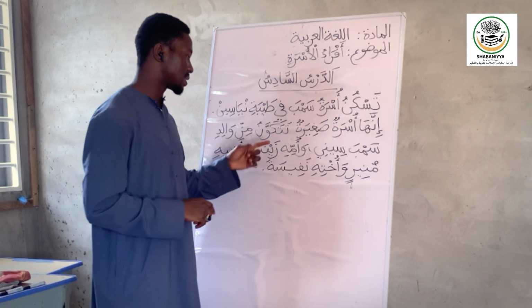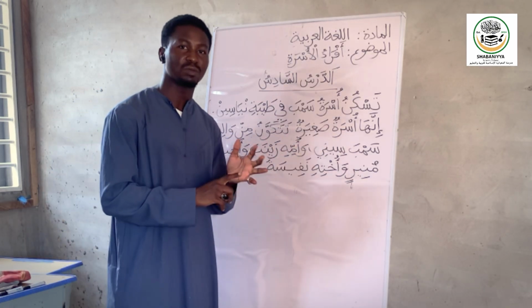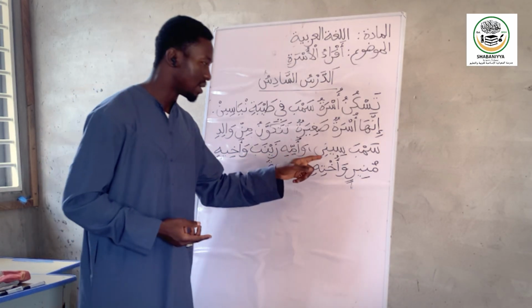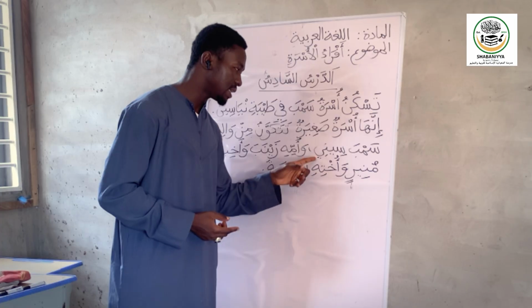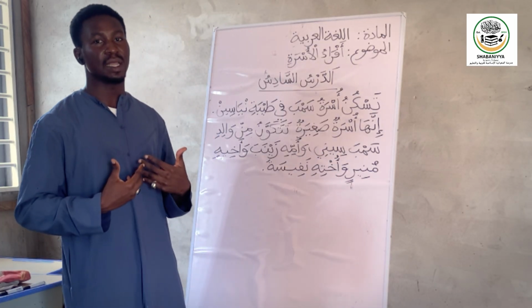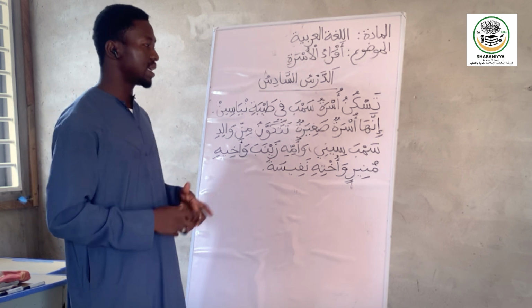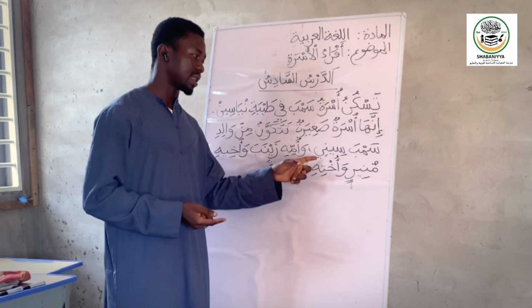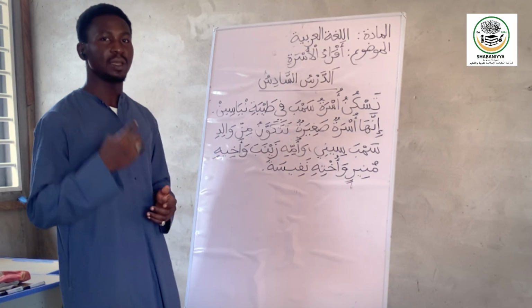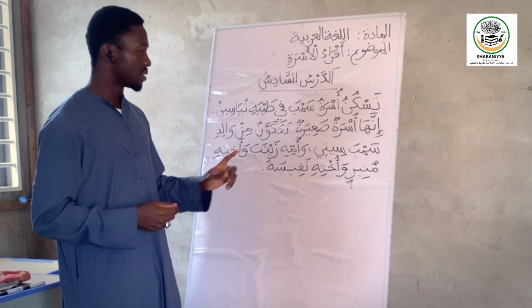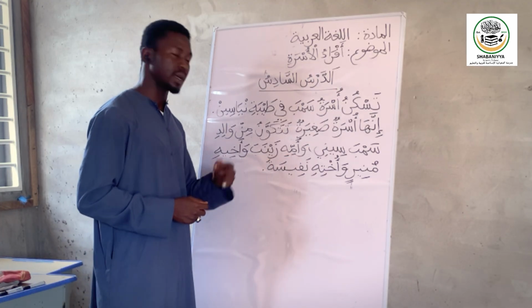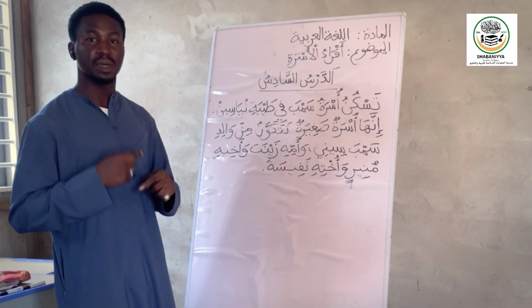And what is his name? They write it here, Sine, but we mention it as Sine. So Sine is Samba's father. And then we have wa ummihi Zainab, Samba's mother. Zainab is Samba's mom.